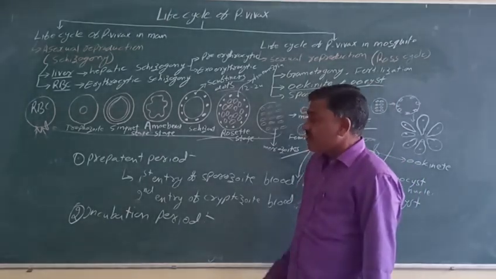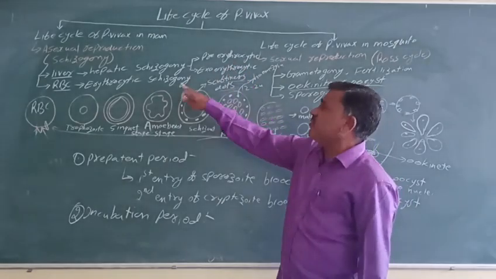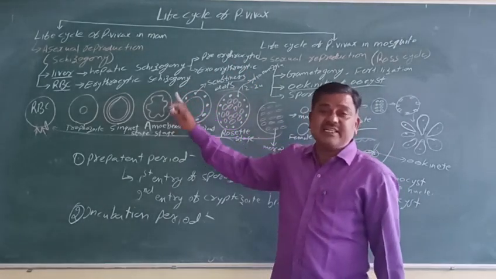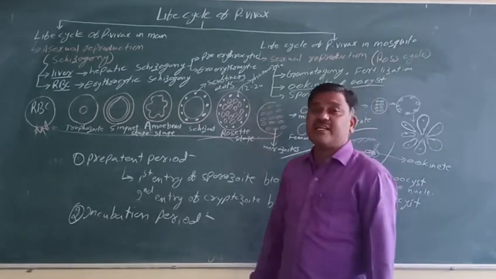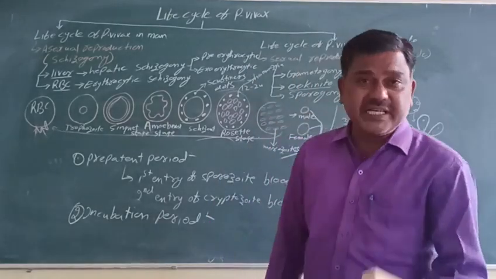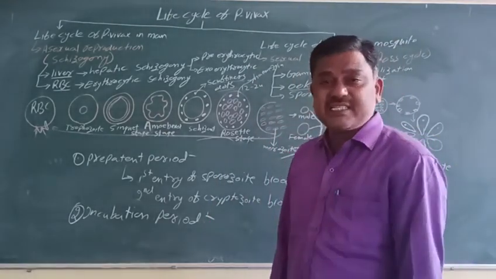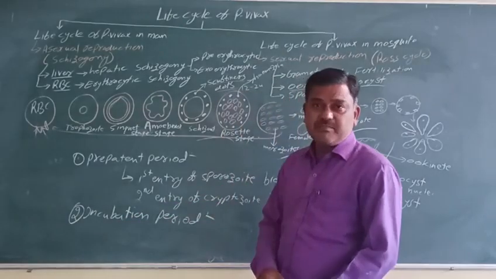That means from the pre-erythrocytic cycle to the erythrocytic cycle, it is called the incubation period. So it takes nearly 14 days. When the symptoms begin, up to that it is called the incubation period.